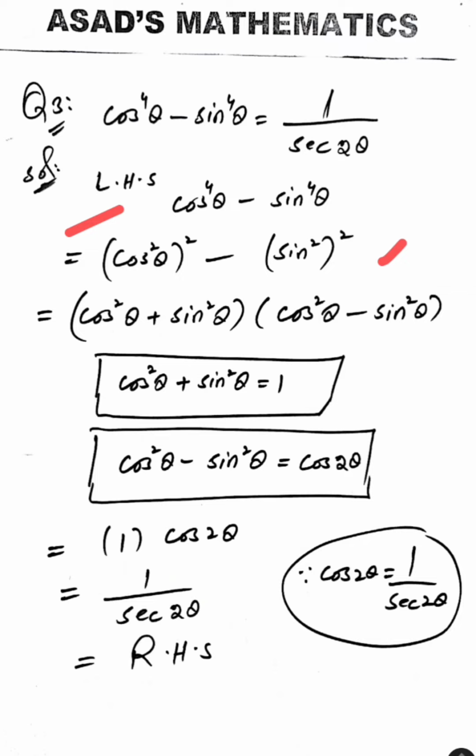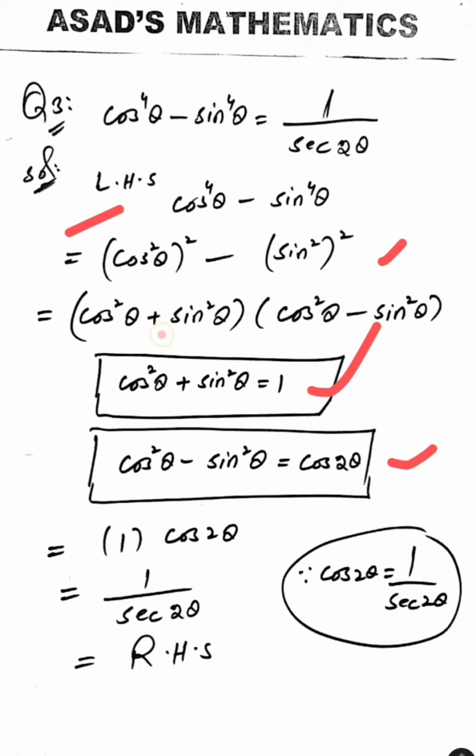Here we apply the formula a square minus b square, so we get cos square theta plus sin square theta times cos square theta minus sin square theta. We use two formulas: cos square theta plus sin square theta is equal to 1, and cos square theta minus sin square theta is equal to cos 2 theta.